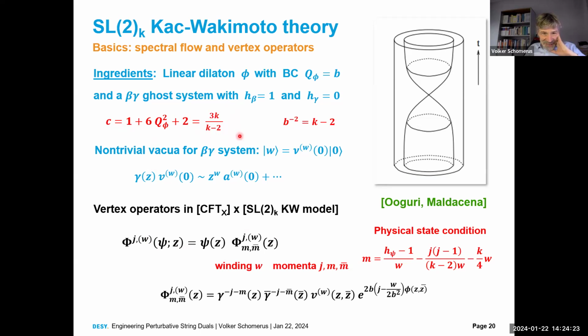So now if I add 3k over k minus 2, then I get a theory of central charge 26. It's free, as free as X is. If X is interacting, of course, then that interaction carries over. And it has this set of physical operators in the theory. Okay, so I think this is as much as you need to know about this theory.